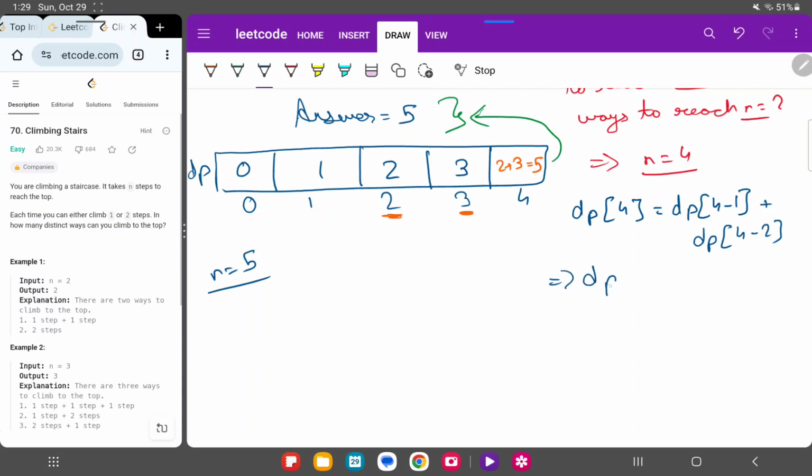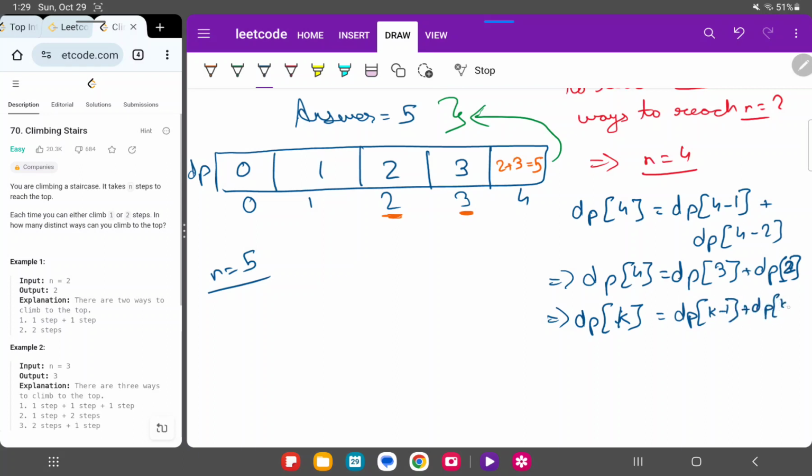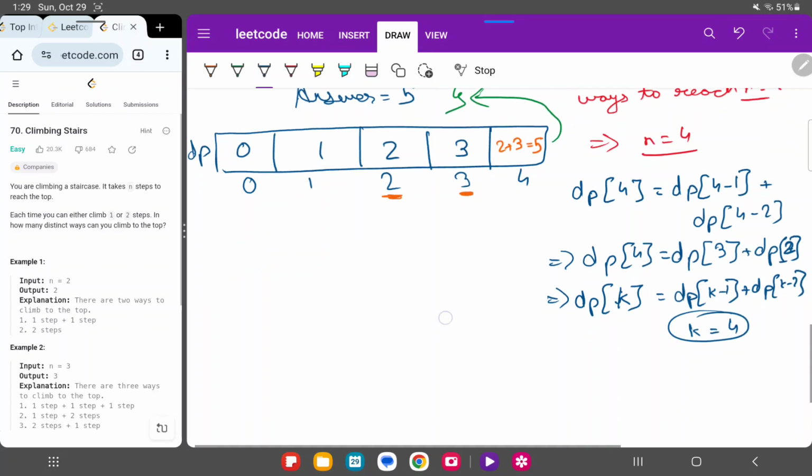This is essentially dp 4 equals dp 3 plus dp 2, which is essentially dp k equals dp k minus 1 plus dp k minus 2, where k is equal to 4. So now let's move ahead and check for n equals 5.